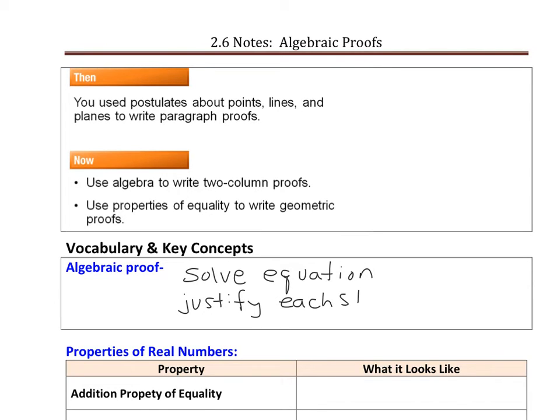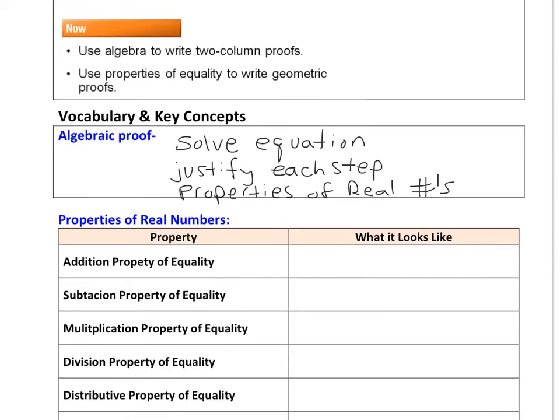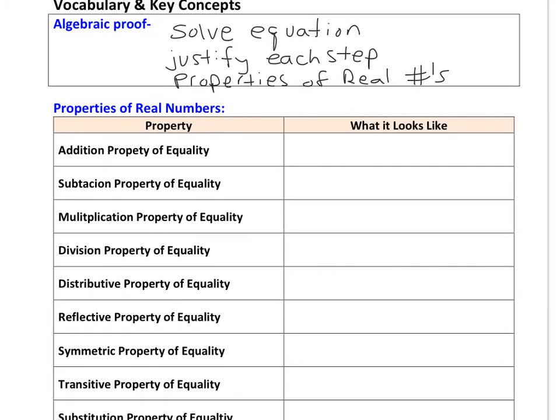We're going to usually justify that with properties of real numbers, generally properties of equality. I'm abbreviating here.